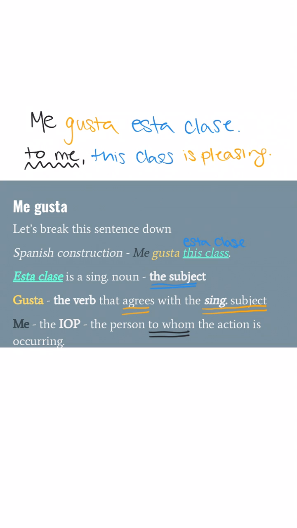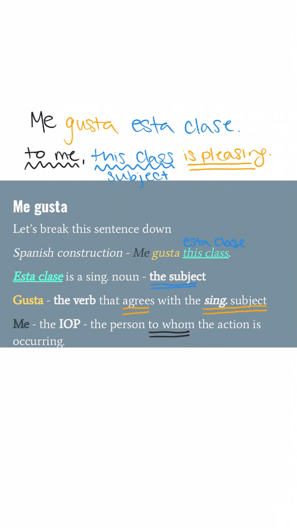Because I am the one that's being affected. Me, I'm not doing the action. I'm not doing the pleasing. I'm not doing anything. In fact, what is doing the action, what is pleasing to me, is this class. So this is my subject, because the class is what is doing the pleasing, right?